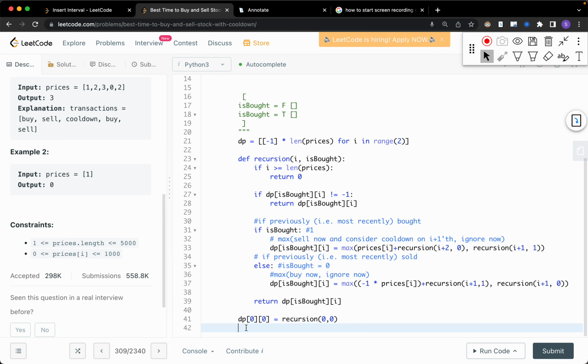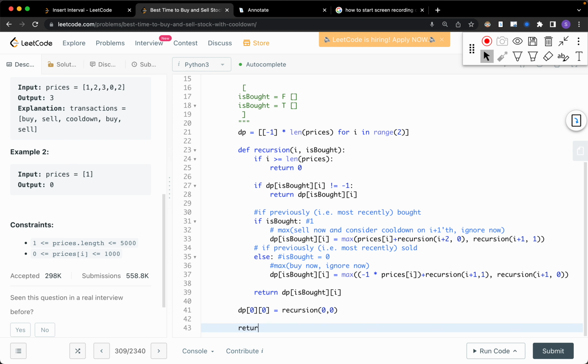But we should not return -1, so we cannot return -1, so simply we'll return 0. So we'll return dp of 0, 0 if it is greater than 0, else we'll return 0. That is, if our dp value is less than 0, in that case we'll return the answer to be 0, otherwise we'll return the dp value greater than 0.